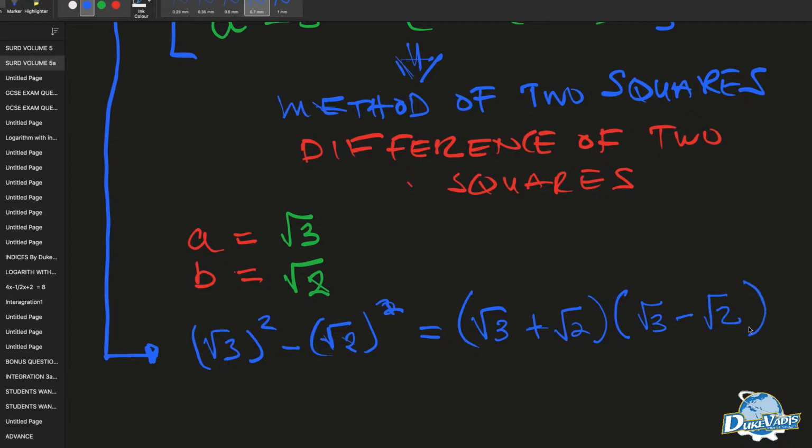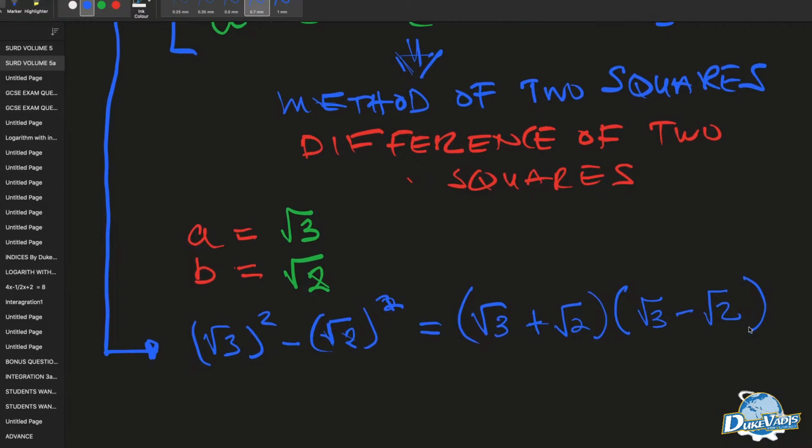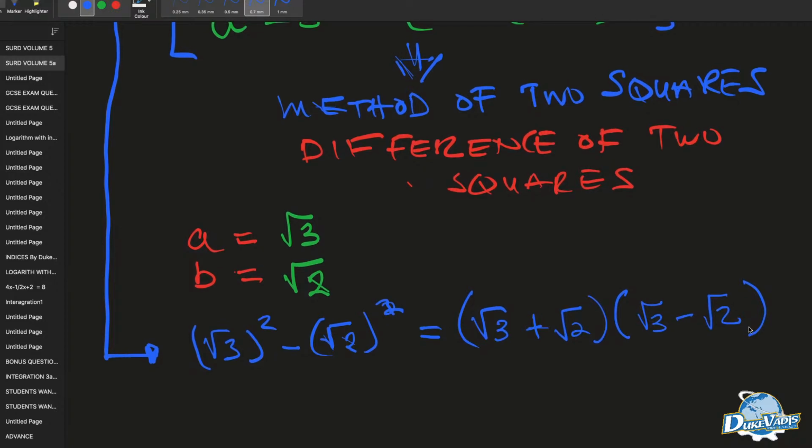So all we've done is implement the formula by substituting the respective values into the formula.